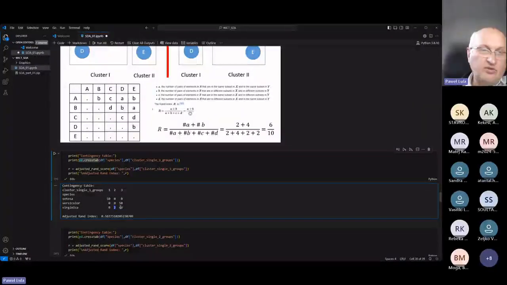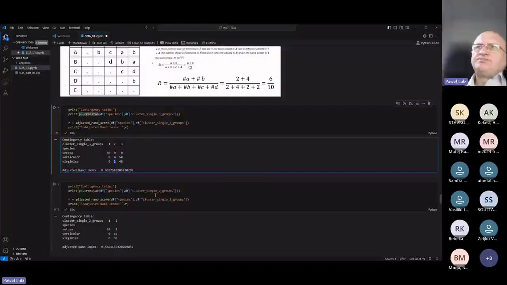In a real situation, when we analyze, for example, companies, countries, cities, and when we try to form clusters, we have no information about the proper way in which these objects should be divided. So then it is not possible to use these measures to evaluate, to express the quality of classification.